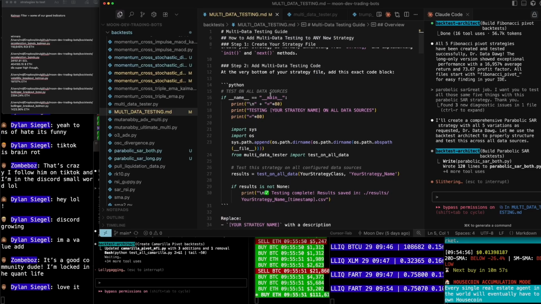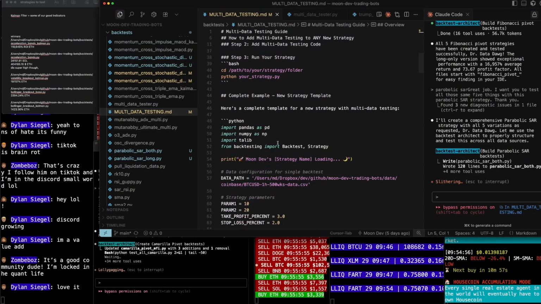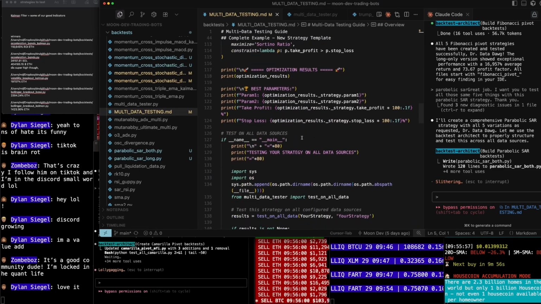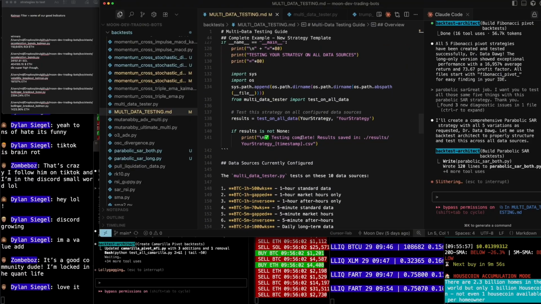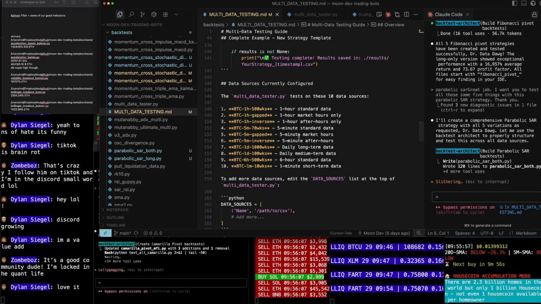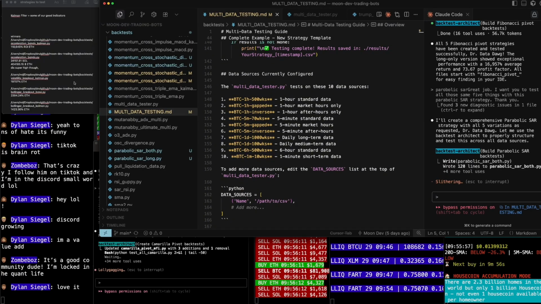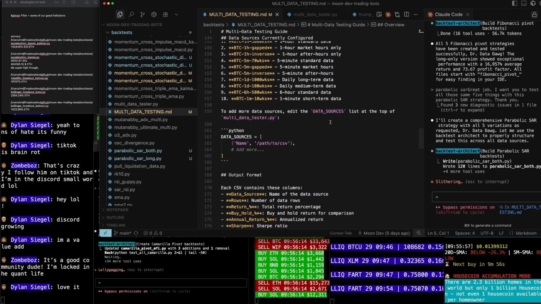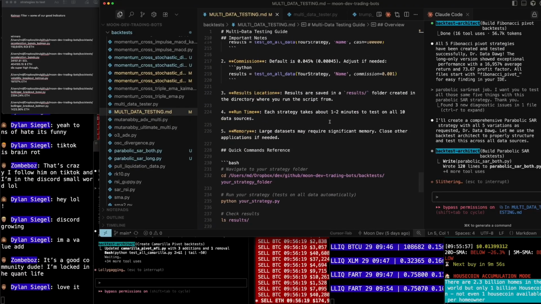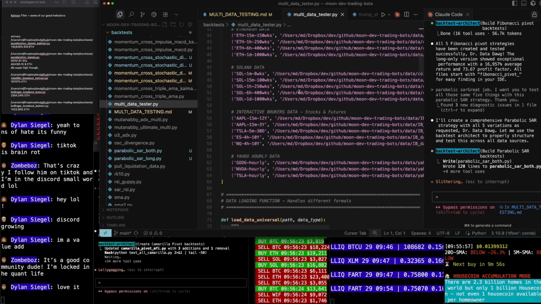Step 2, add multi-data tester. Replace strategy name. Perfect. So this explains exactly how to use the multi-data strategy tester, which is awesome. And then this is the multi-data strategy tester.